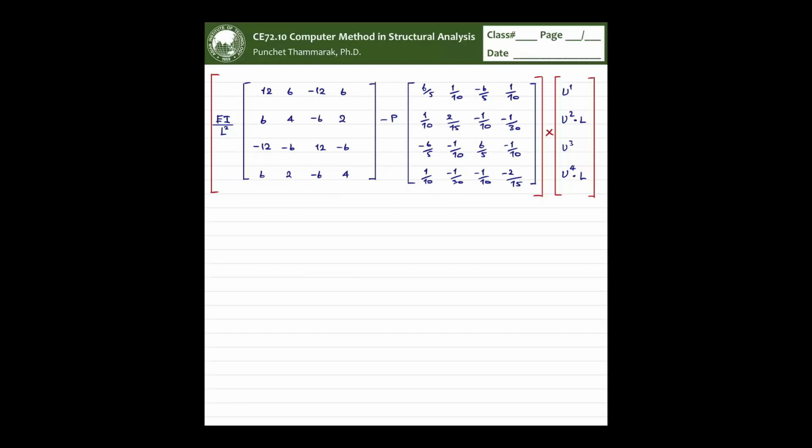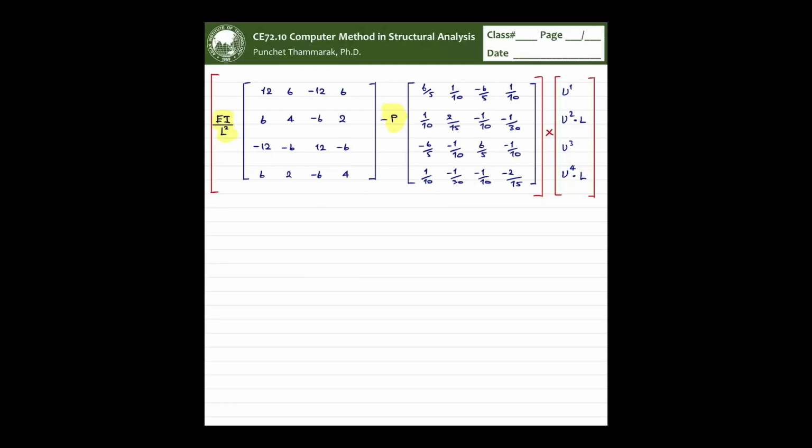So P will be in terms of EI over L squared multiplied by some number. What is the buckling load we used to determine?